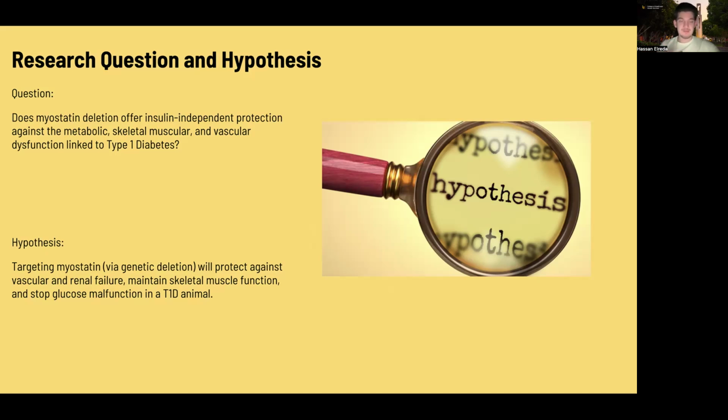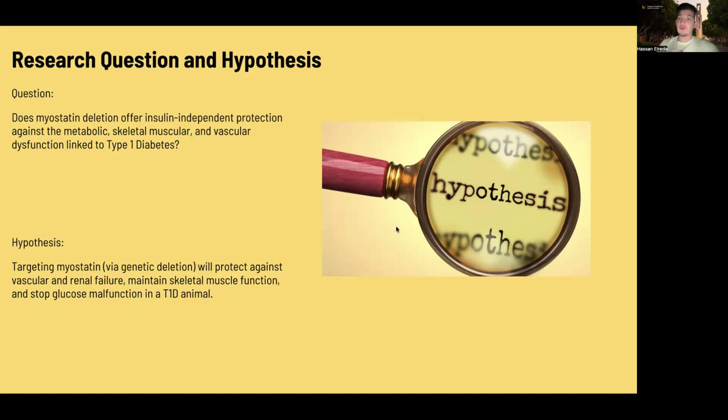And our hypothesis for today is that targeting myostatin via genetic deletion will protect against vascular and renal failure, maintain skeletal muscle function, and stop glucose malfunction in T1D animals.